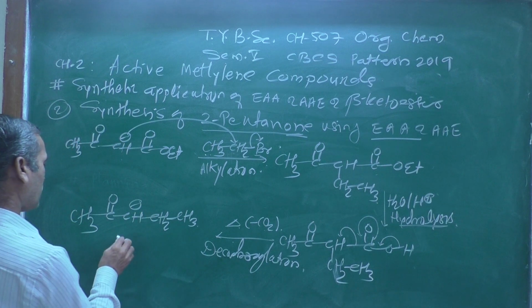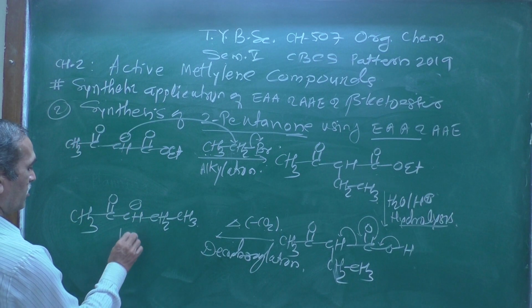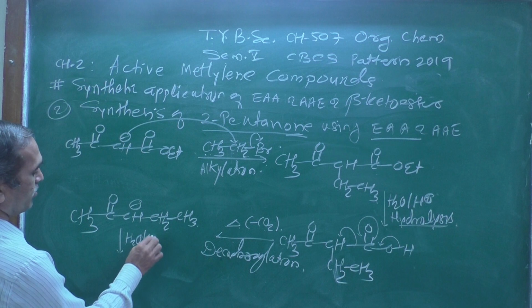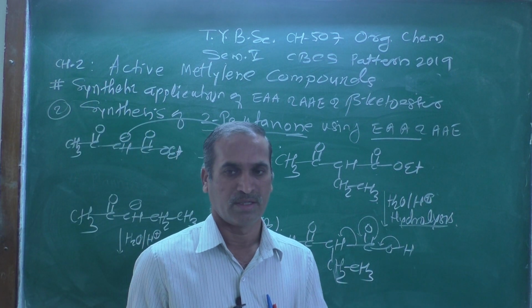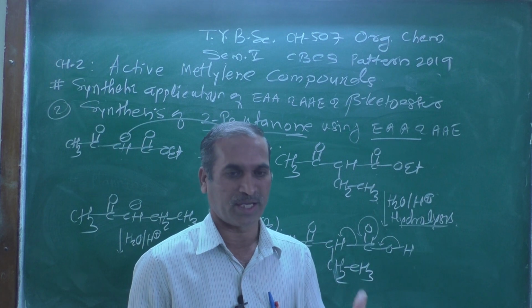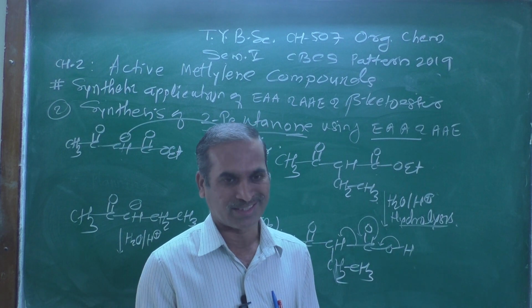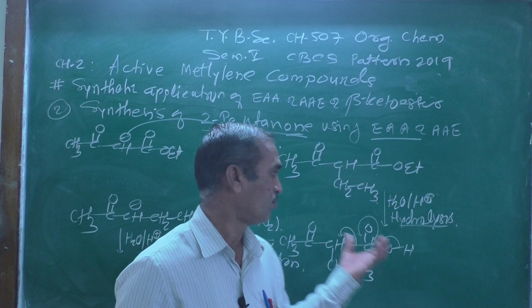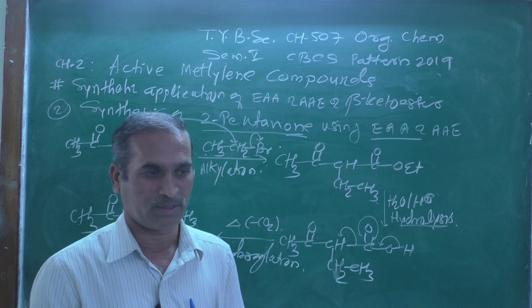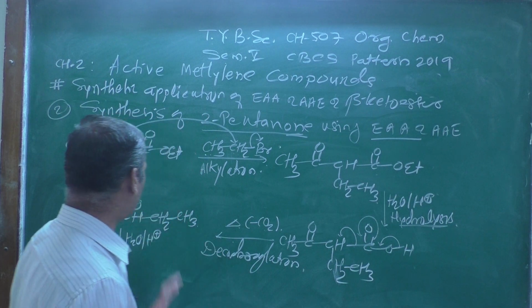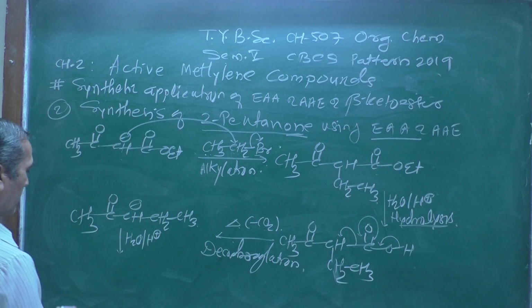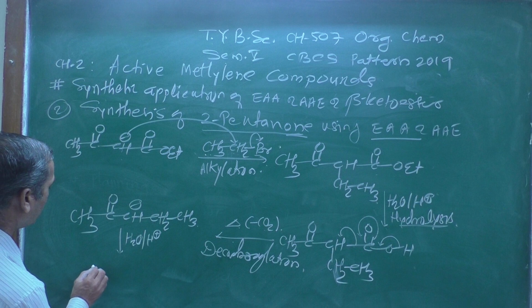Now this carbanion, here with another H2O in presence of H plus, you just work up, meaning take an appropriate amount of crushed ice, stir, pour this reaction mixture on it, stir well, and you will get the end product or the final product.